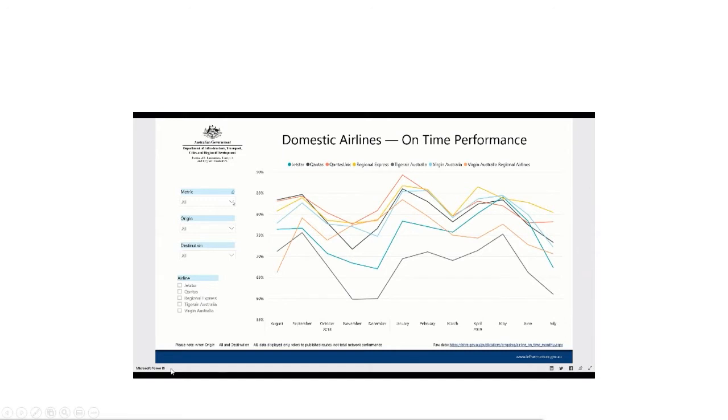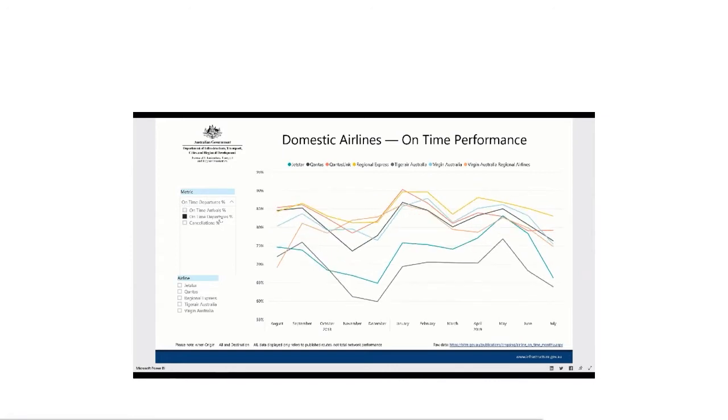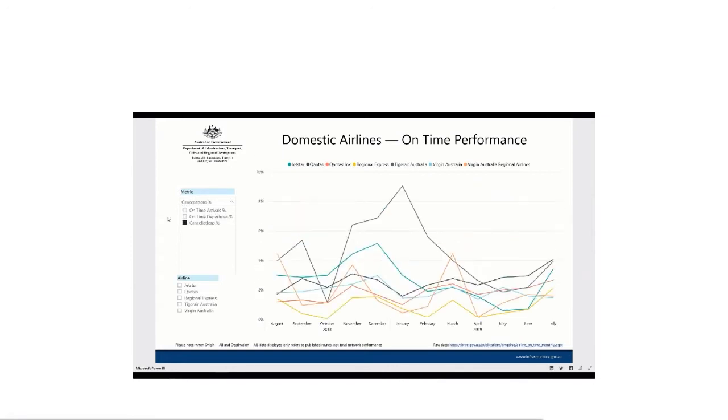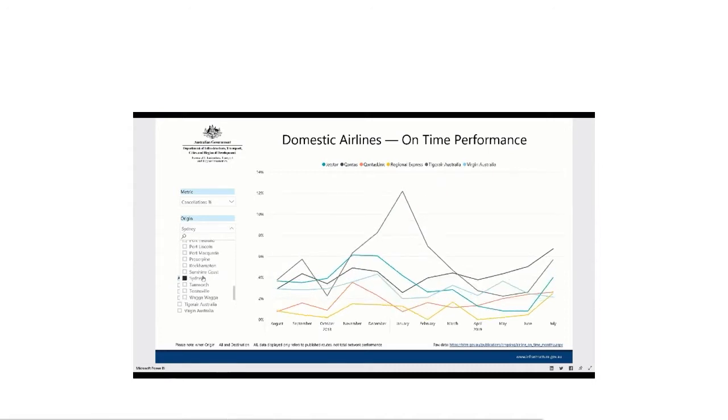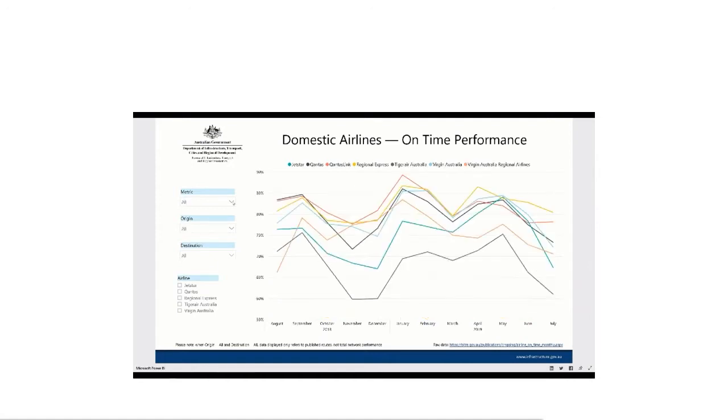So you can see here navigating on the dashboard, and you can see the data changing depending on the metrics that you choose. So pick your origin, Sydney, and you can get to data on specific months.